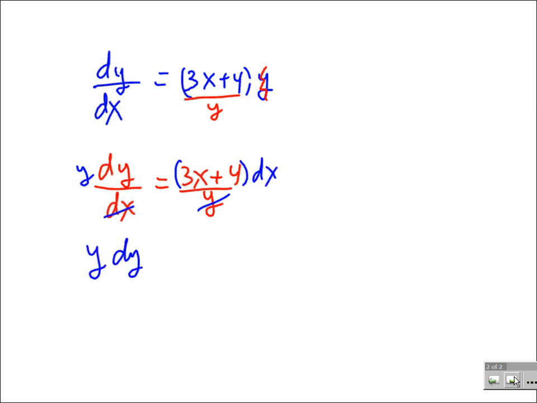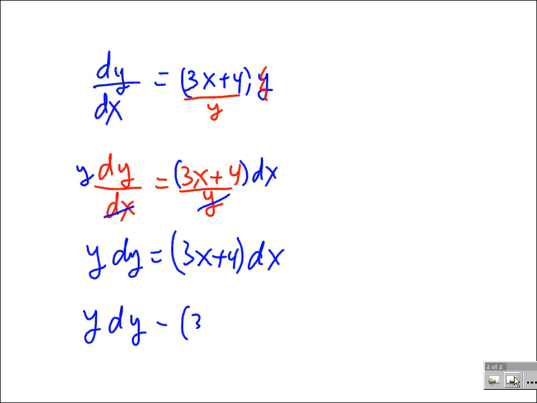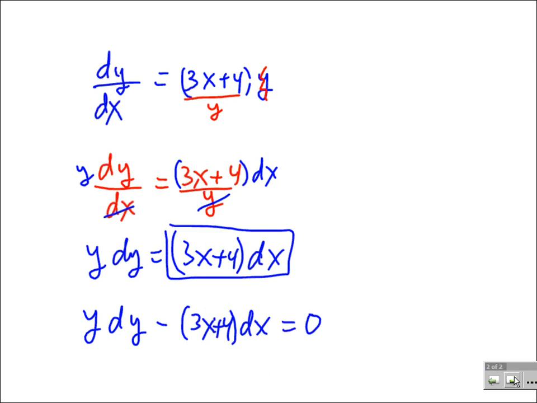Now I have y dy is 3x plus 4 dx. And I'll move one expression to the other side. Minus 3x plus 4 dx. So I move this to the other side of the equal sign, so the right hand side is now 0. With respect to the alphabet, x comes before y. So this is M, because M comes before N. That's how I remember which to call M and which to call N.